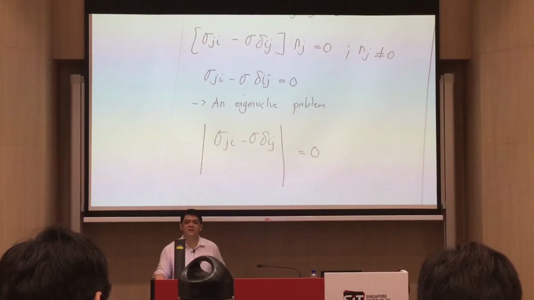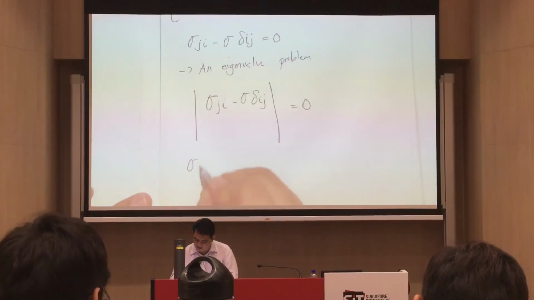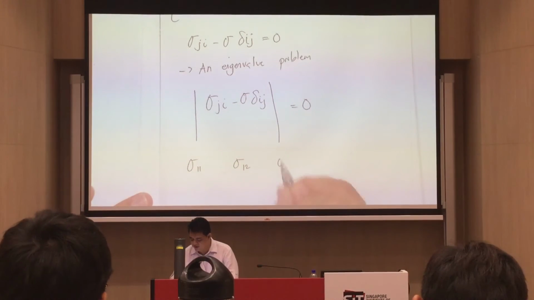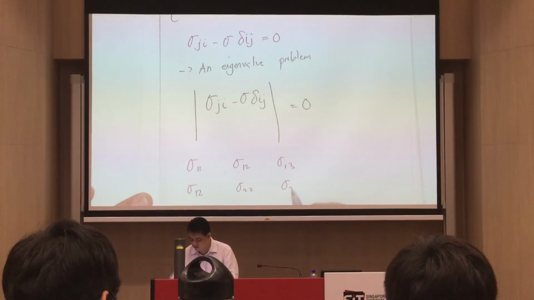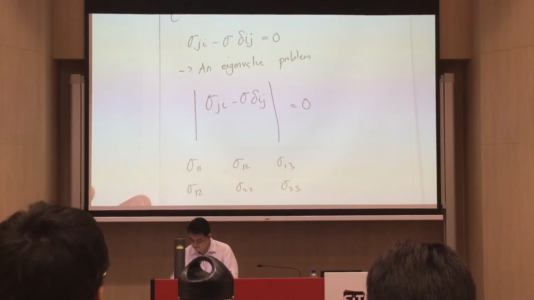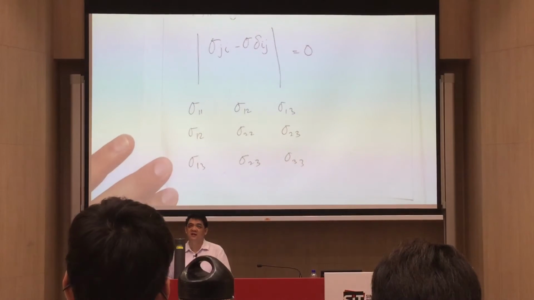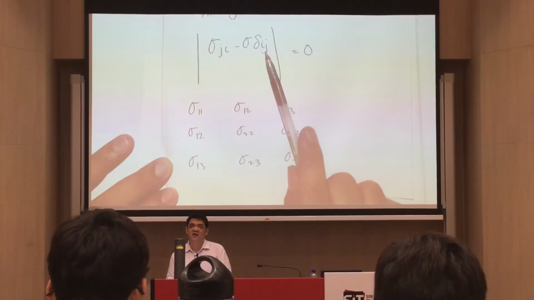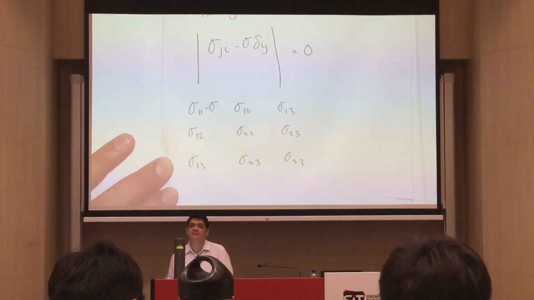If you rewrite this, I'm going to write sigma ij: sigma 1 1, sigma 1 2, sigma 1 3, then 1 2 2 2. If i is equal to j, for 1 1 that is now minus sigma.